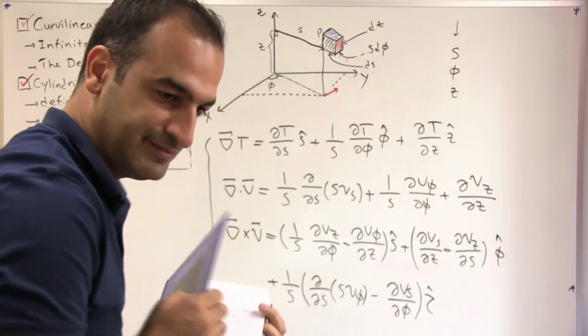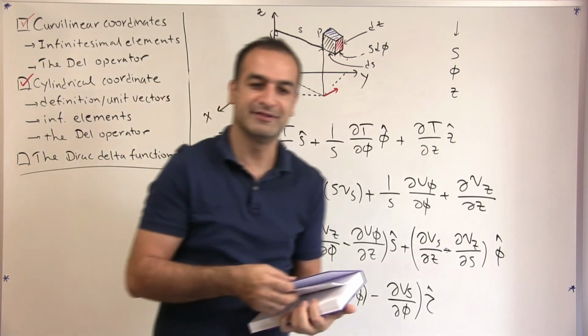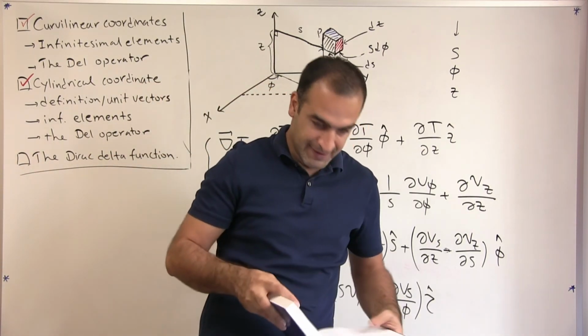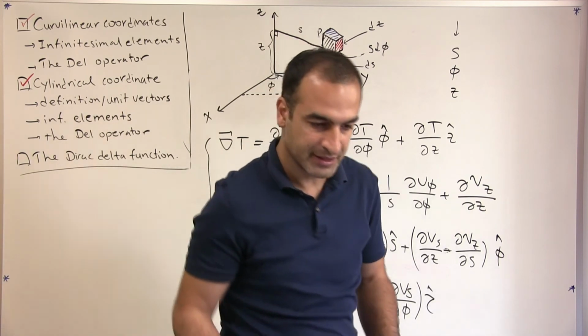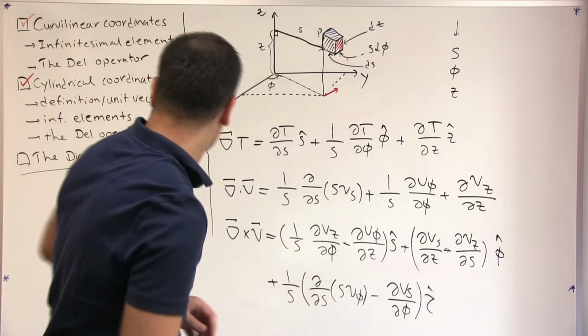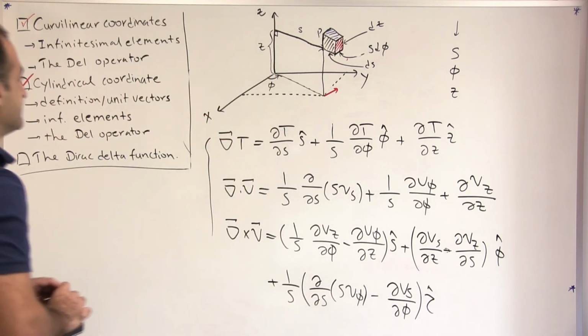So this is the very first page of the book. Sounds good? Okay. Thank you. So I'm going to stop the curvilinear coordinate discussion and move on to the Dirac delta function.